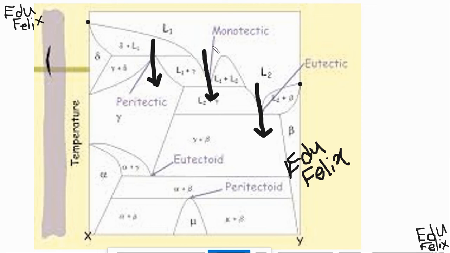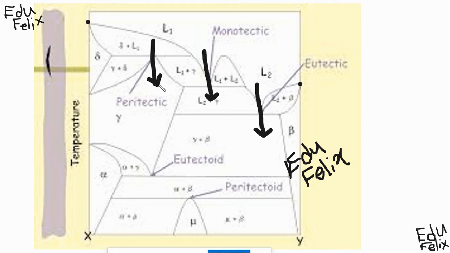L1 is the starting liquid. After the monotectic temperature, it changes to L2 plus gamma. Then in the peritectic point, you have liquid plus delta solid, which changes to a third different solid called gamma.